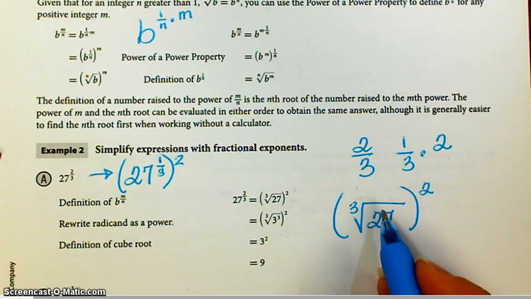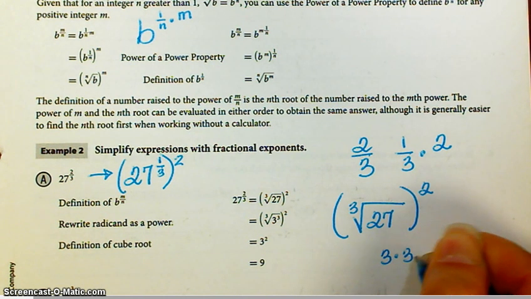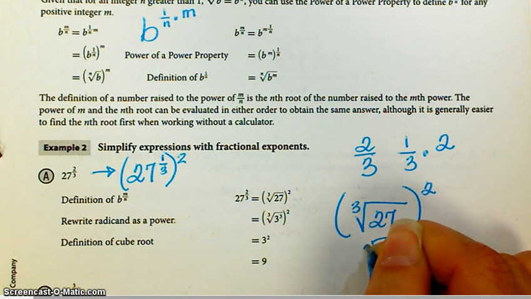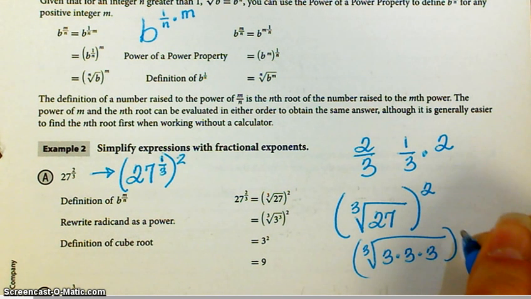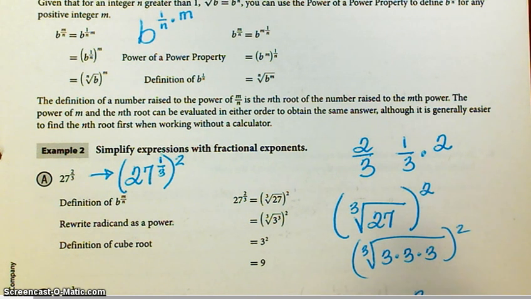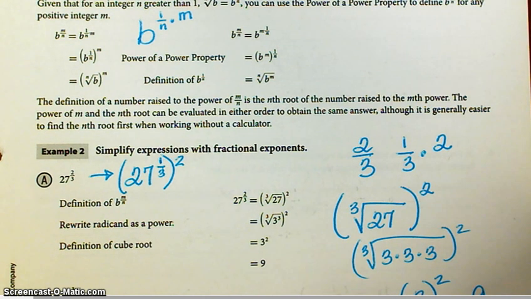What is the cube root of 27? Well, I'm looking for whatever number multiplies by itself 3 times to give me 27. Cube root of 27 is 3. So the cube root of 27 is 3, and 3 squared is 9.